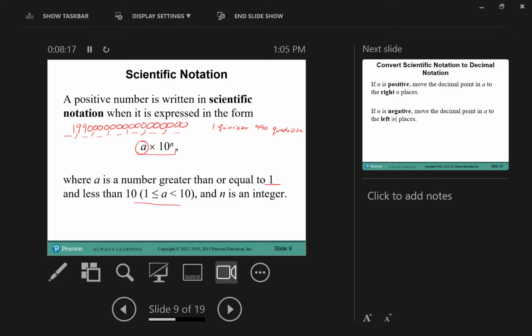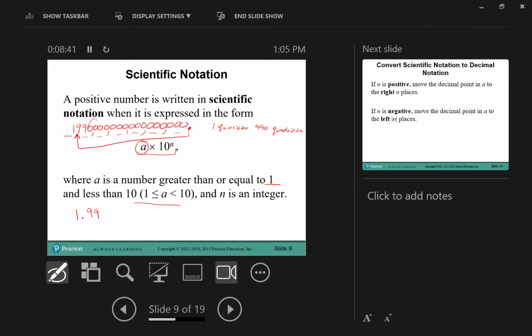So A should be somewhere between 1 and 9.9999 something, right? But we should always have just that very first digit before the decimal. So I'm going to take my decimal that is normally right here. I'm going to take it all the way and put it just to the right of my very first non-zero number. So I'll write this as 1.99.